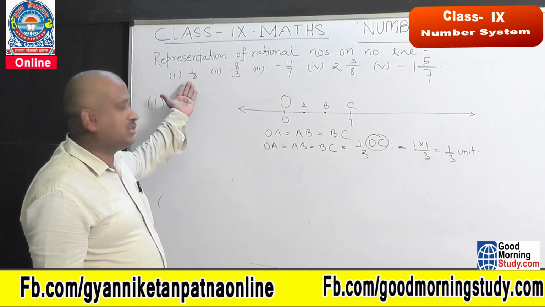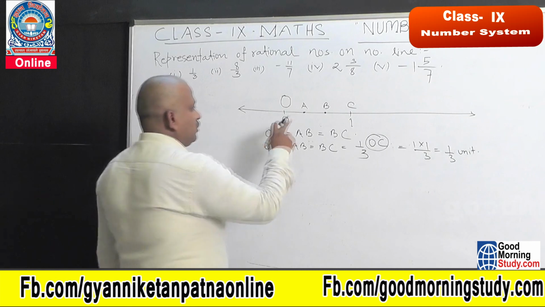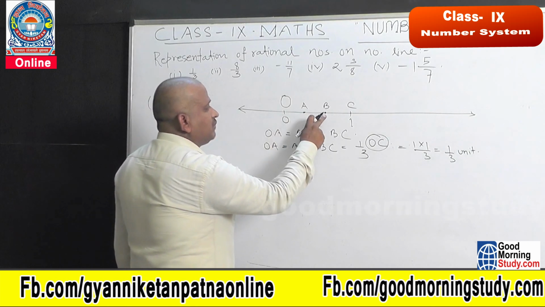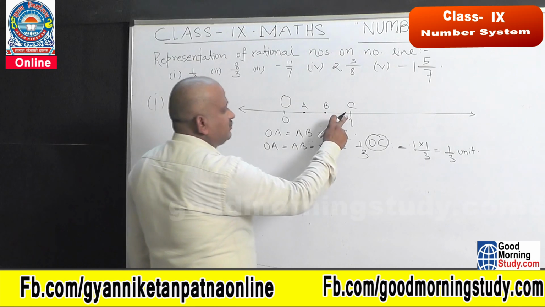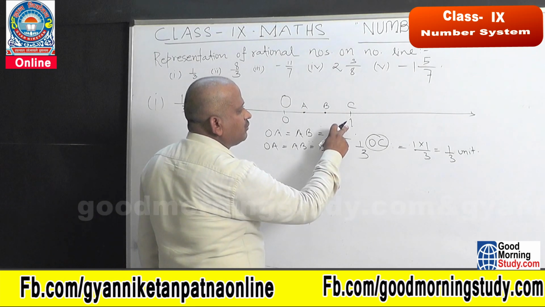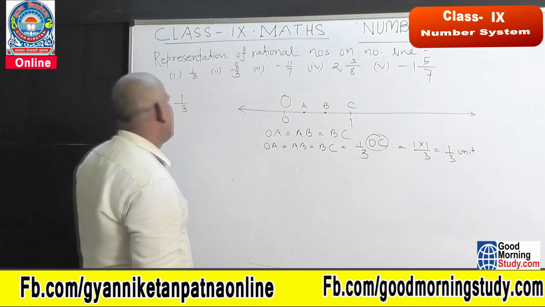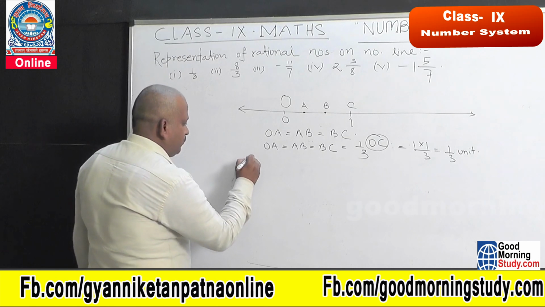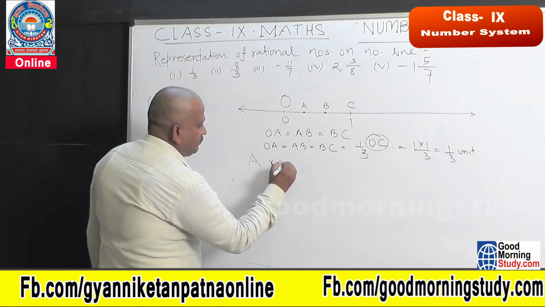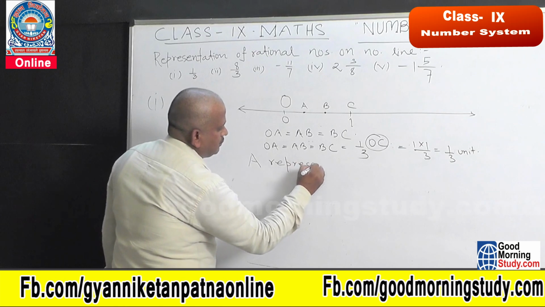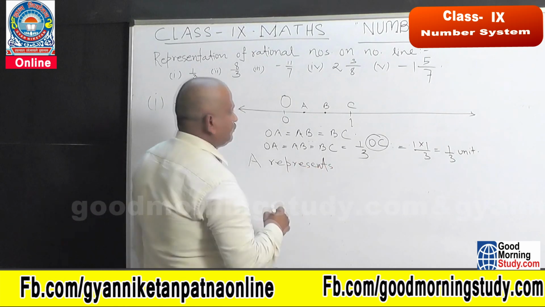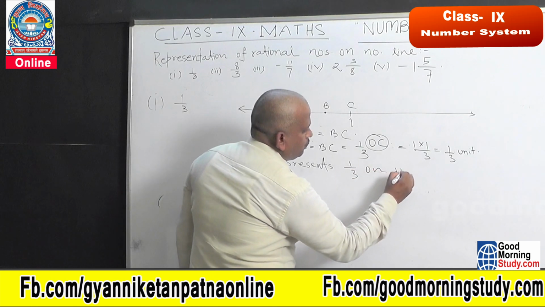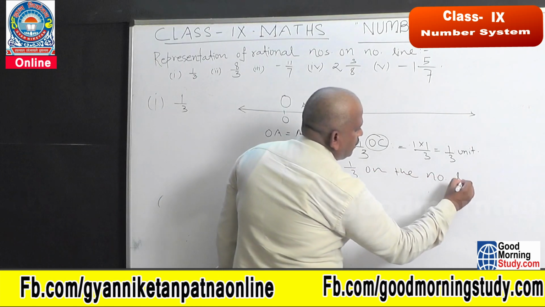Since we are going to represent 1 by 3, so this point A will represent 1 by 3, this B will represent 2 by 3, and this C will represent 3 by 3, it means 1. So children, finally the question was to represent 1 by 3. So point A represents 1 by 3 on the number line.